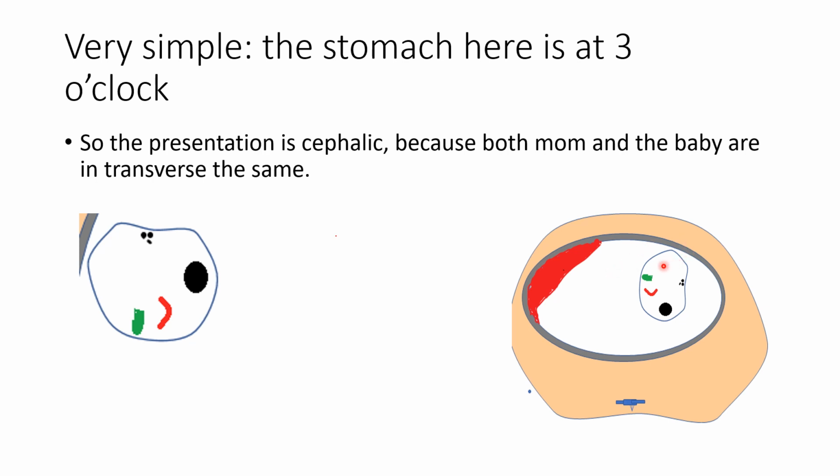So this one is the right shoulder or right hand. This side is the left hand and left shoulder. So left shoulder and stomach are together. So the baby is situs solitus, and the stomach at 3 o'clock, it is vertex or cephalic.